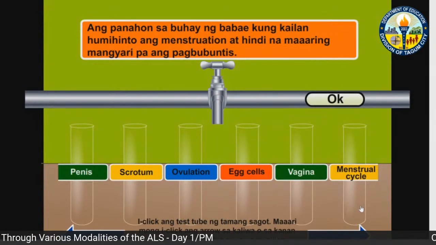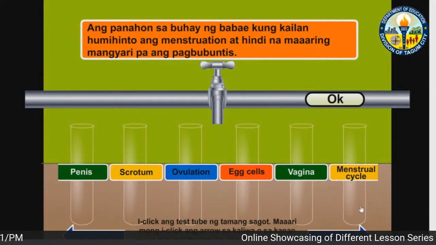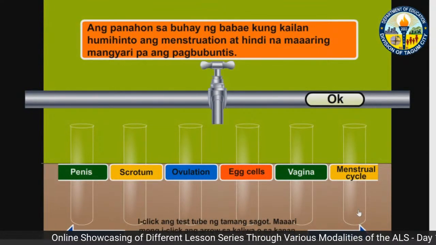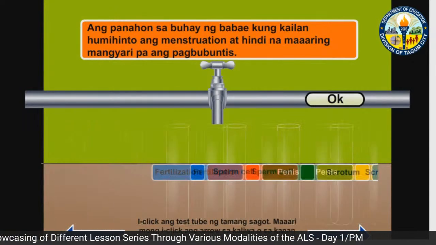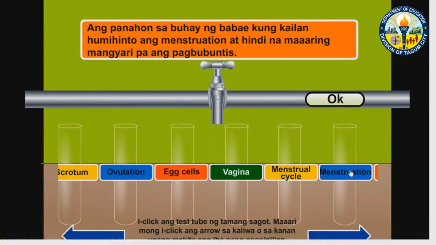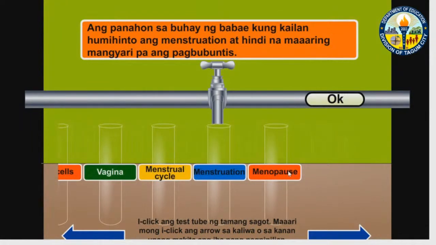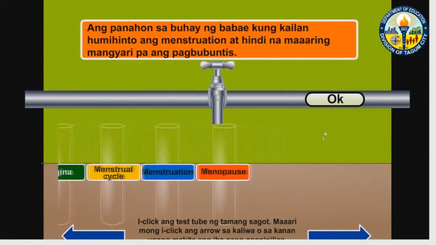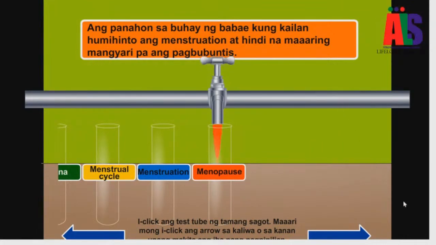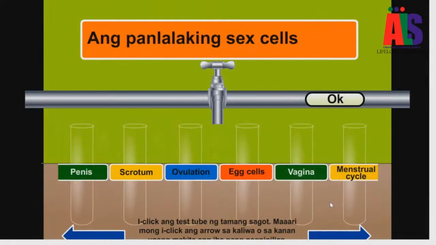Ang panahon sa buhay ng babae kung kailan humihinto ang menstruation at hindi na maaari mangyari pa ang pagbubuntis. Mahusay. Ang panlalaking sex cells.